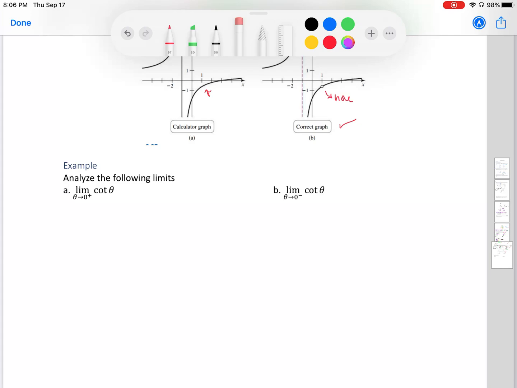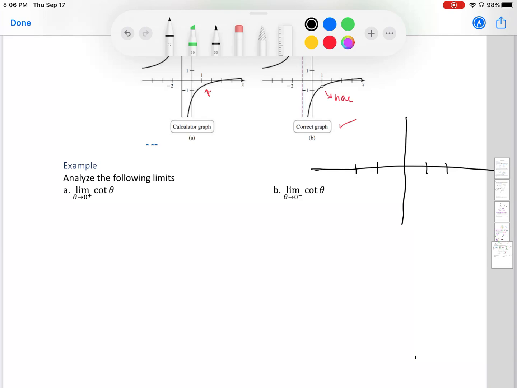Now, our limits work the same way with trig functions. So we have cotangent of theta. If you don't remember too well what your trig functions look like, you can punch it into your Desmos graphing calculator or your graphing calculator. Just to remind you, cotangent and tangent have asymptotes, since tangent is made up of sine over cosine, and thus cotangent is cosine over sine.